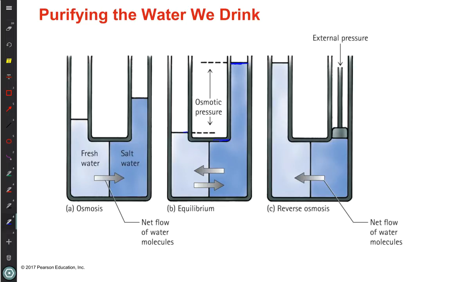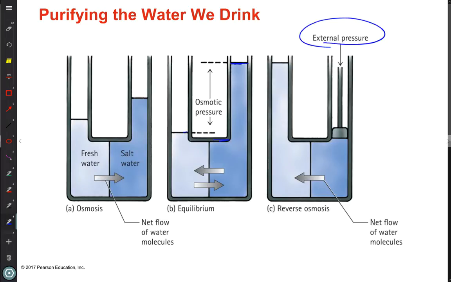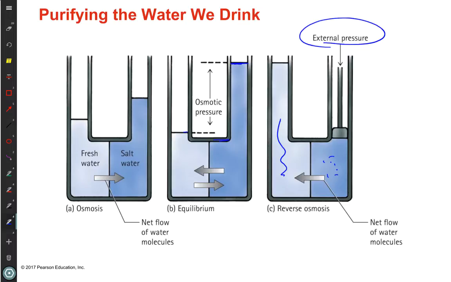Well, the reverse osmosis machines take that and they say, okay, let's just apply an external pressure on the saltwater side to force water through. Because the salt can't go through, we're just going to force the pure water from the salty side into the pure side. And so then you build up a bigger reservoir of pure water and you get saltier and saltier water on that side. And then, of course, you just clean it out and start over. So that's a quicker, more efficient way of separating it.